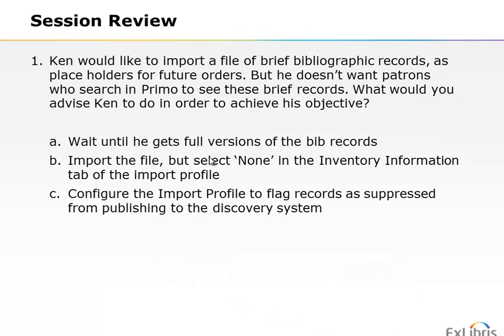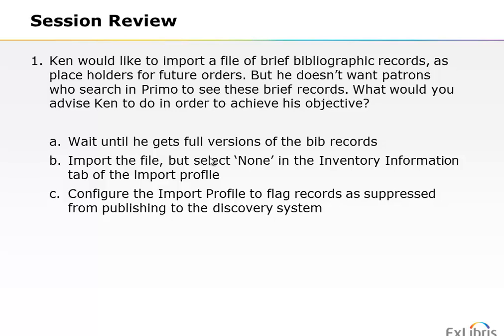The first question: Ken would like to import a file of brief bibliographic records as placeholders for future orders, but he doesn't want patrons who search in Primo to see these brief records. What would you advise Ken to do in order to achieve this objective? 1. Wait until he gets full versions of the bib records. 2.